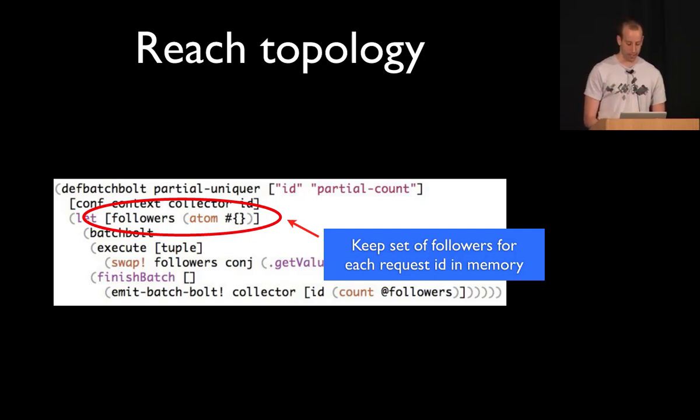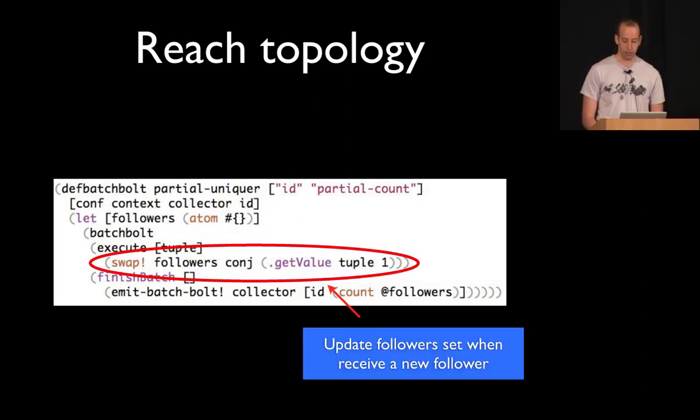The way it works is you get a new one of these instances for every request ID. You can see it's parameterized with the request ID on that second line. Then it keeps in a closure the set of followers that is seen for this request ID. Every time it receives a new tuple, it updates that follower set with the follower that it was given.